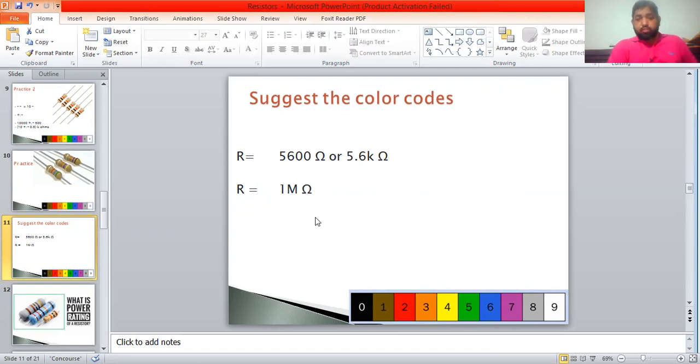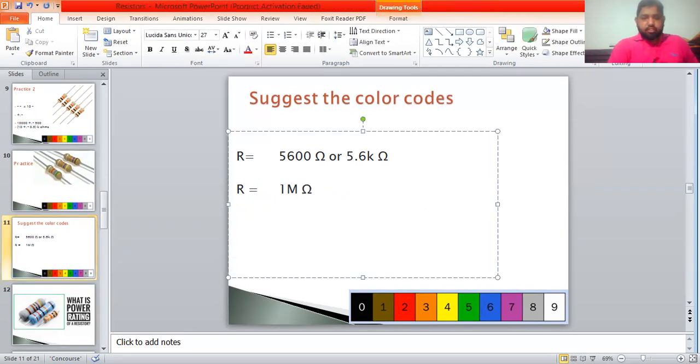Okay, 1 mega ohms. 1 mega ohms, as you know, stands for 1 into 10 exponent 6 ohms. So if we have to tell about two digits, we can also write it like this: 1 or 10 into 10 exponent 5.